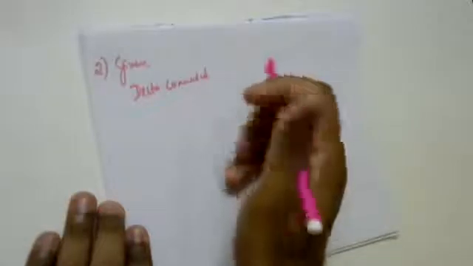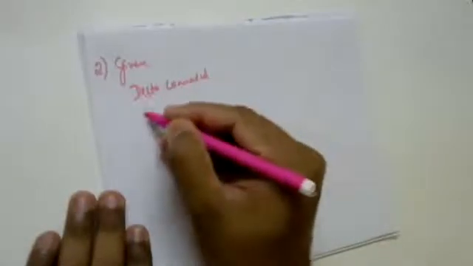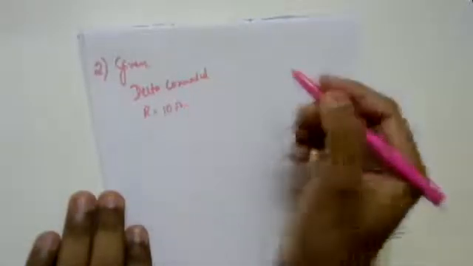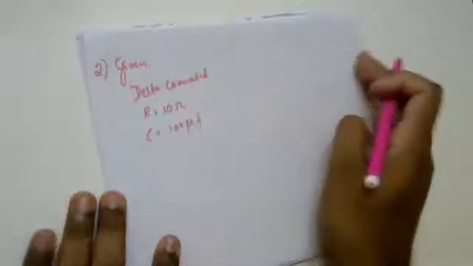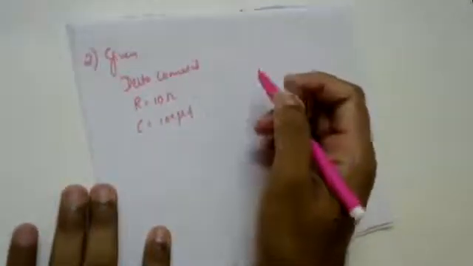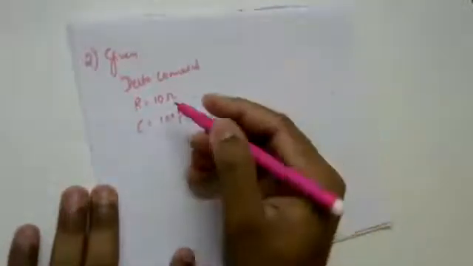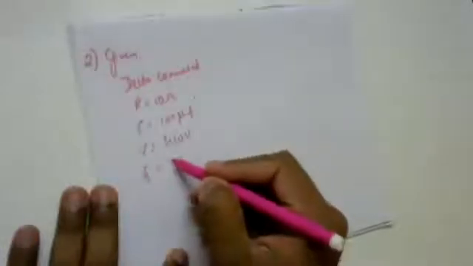So our load is delta connected. Then he's saying that the resistance offered is R equals 10 ohms and a capacitance of 100 microfarad in each phase. The potential applied is 410 volts at a frequency of 50 hertz.